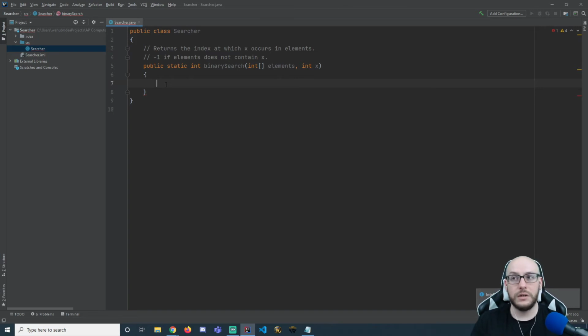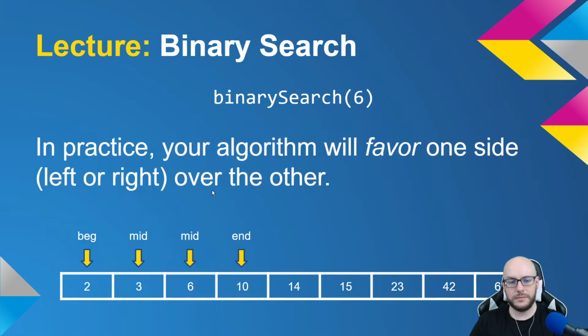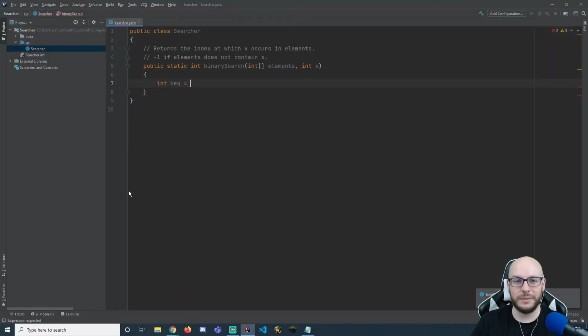In our visual, that was beg and end, right? So I'm going to create beg, and let's back this up. Tell me, looking at this visual, where should beg be initialized to? What should the value of beg be? It's an index. It's the first element, so we're talking about index 0 here.